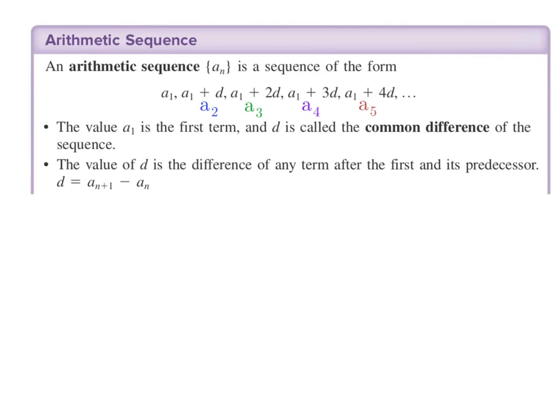So I take one term higher, subtracted by the term below it. For example, this may be the 4th term minus the 3rd term, or the 8th term minus the 7th term. So the following term minus the preceding term. That's how you can calculate the common difference if you don't quite see it.